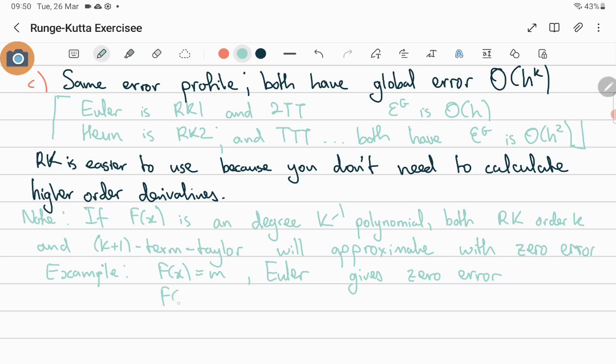If f of x is degree 1, so that'll be like ax plus b, Heun and three-term Taylor, so this is Runge-Kutta 2, and this is three-term Taylor, gives 0 error.